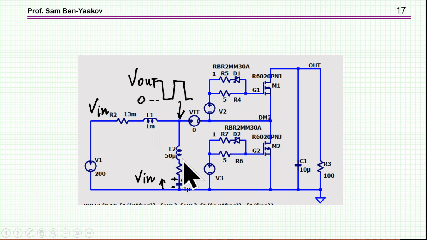The difference being that in the case of the BCM the current is flowing through the inductor, while here we have a pure AC, that is, it will be around zero, because we have here a capacitor, so there's no DC current here.